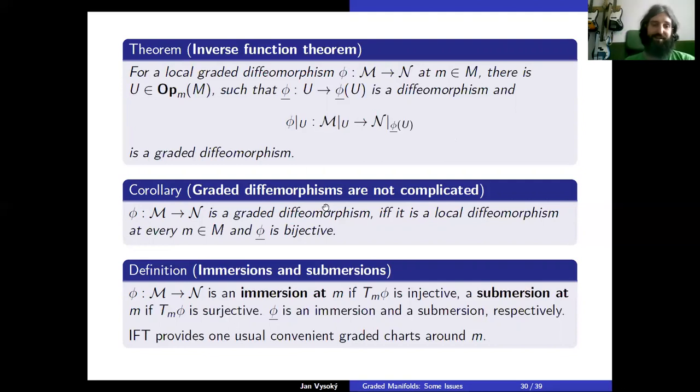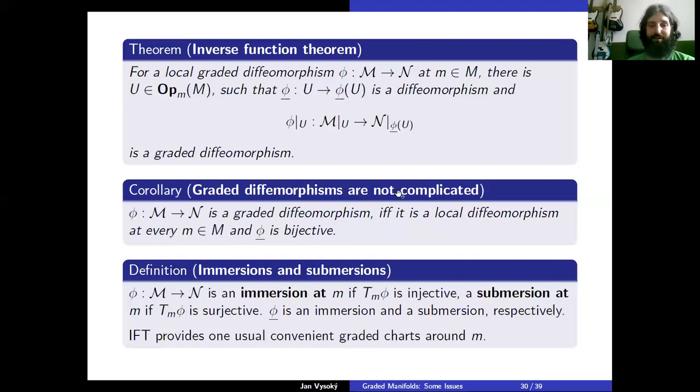In fact, what is interesting is that in usual differential geometry, a local diffeomorphism is a diffeomorphism if and only if it's bijective. And here there is a slightly stronger statement: phi is a graded diffeomorphism if and only if it's a local diffeomorphism at every point, and it is enough that the underlying smooth map is a bijection.